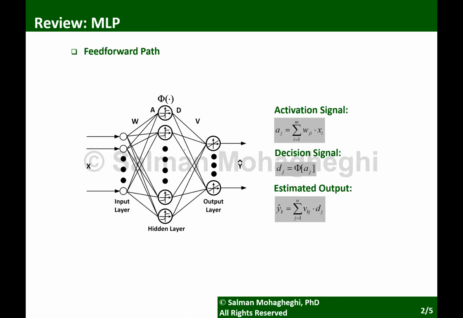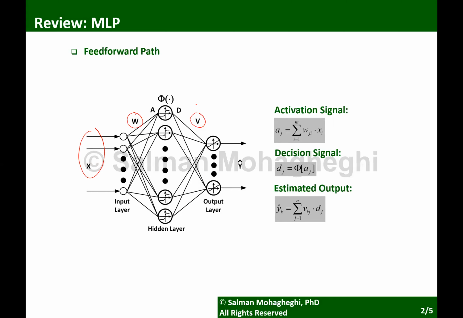What happens is you have your input layer, and then you provide your input to the network. You have an input weight matrix W and output weight matrix V. W represents the weight coefficients between the input layer neurons and the hidden layer neurons.